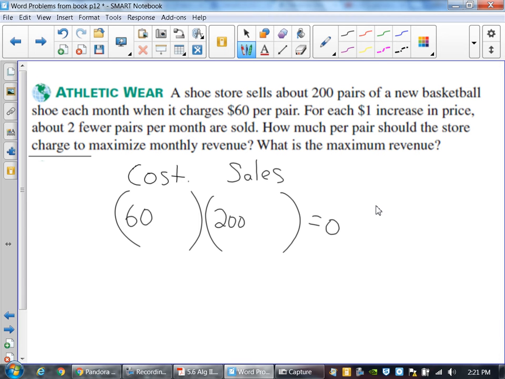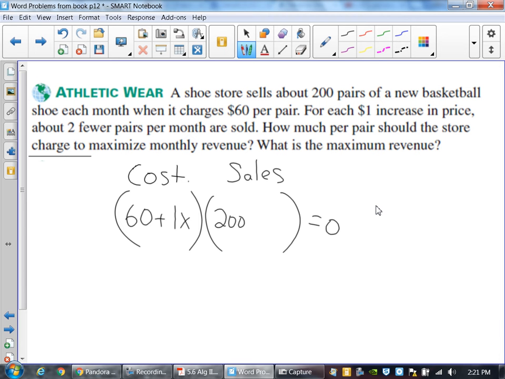Now, it then states that for each $1 increase in price, how would you represent that? X. Are you adding or subtracting? Adding $1 of price. I'm putting that 1 there just so that we remember that the X value, if it's $4, it's 4 times $1 gives me 4.